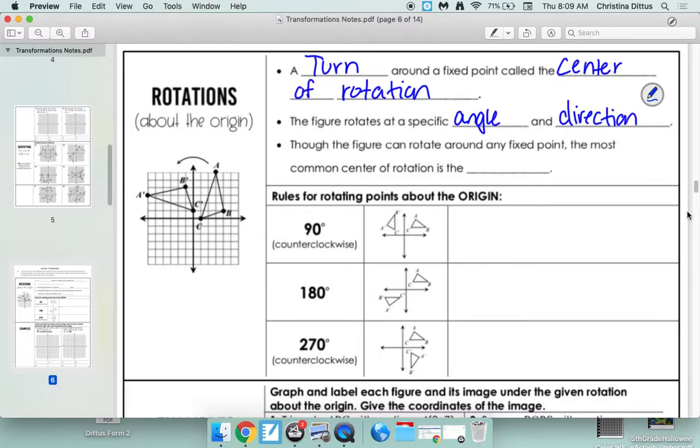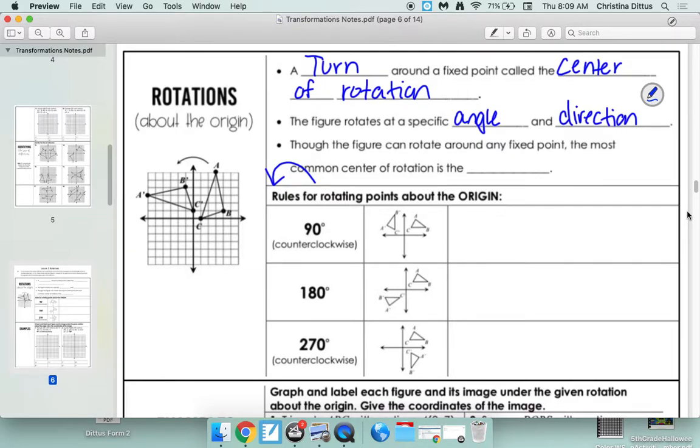Normally we go counterclockwise. I truly don't know why we don't go clockwise because that would just be too easy. So when you are given these rules, your 90 and 270 are counterclockwise. That means we go this way, right? Because the clock goes the other way.